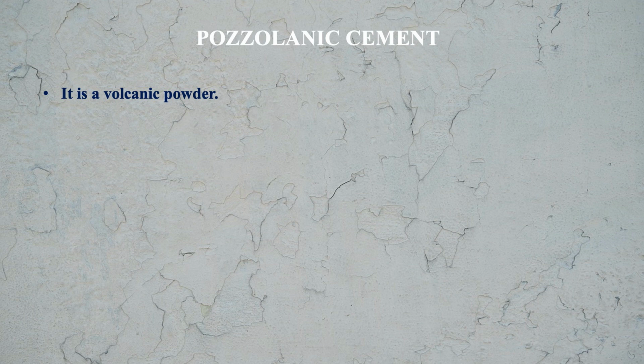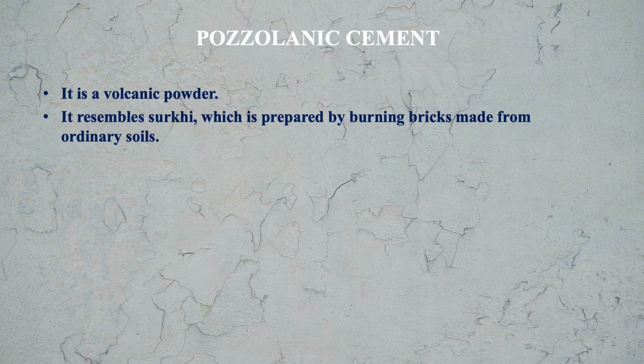Next we take the pozzolanic cement. Basically, pozzolana is a volcanic powder, meaning the material obtained from volcanoes. This pozzolana resembles surkhi, which is prepared by burning bricks made from ordinary soils.